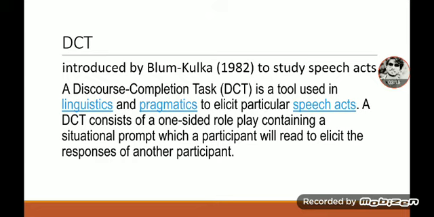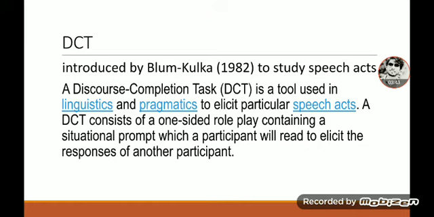A DCT consists of a one-sided role play containing a situational prompt which a participant will read to elicit the responses of another participant. It means that it is a one-sided role play, played only by the participant. The participant imagines himself as the other participant.